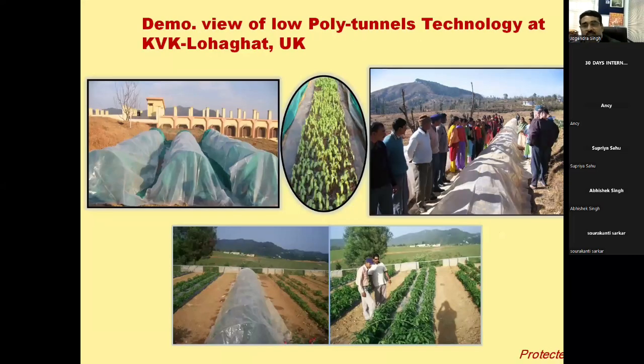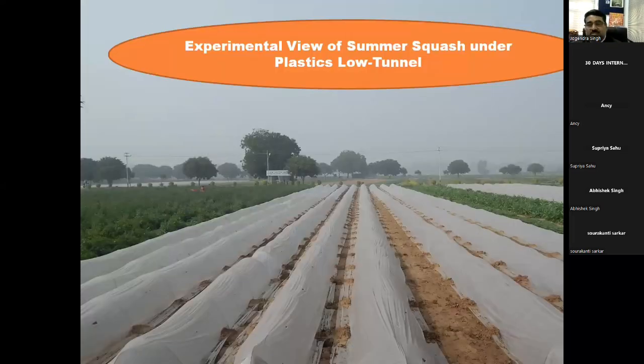So high tunnel nursery, low tunnel nursery. By this technology, cucurbits can also be grown in advance during the winter season. So this technology is suitable for earliness and raising nursery. You can see here this is the tunnel technology used for cultivation of cucurbits, advanced early or off season.